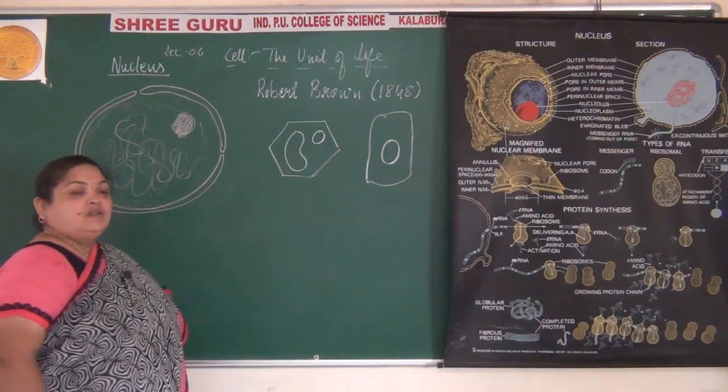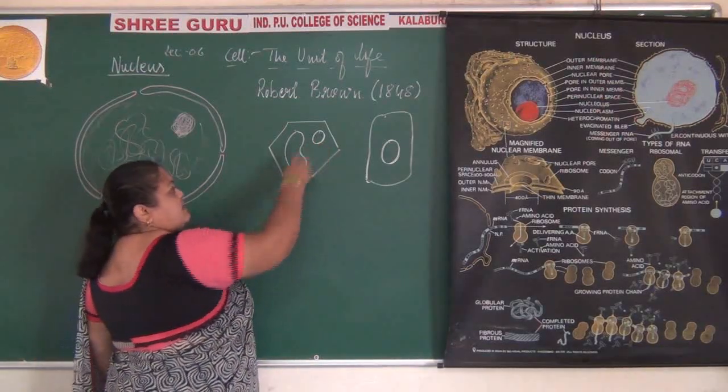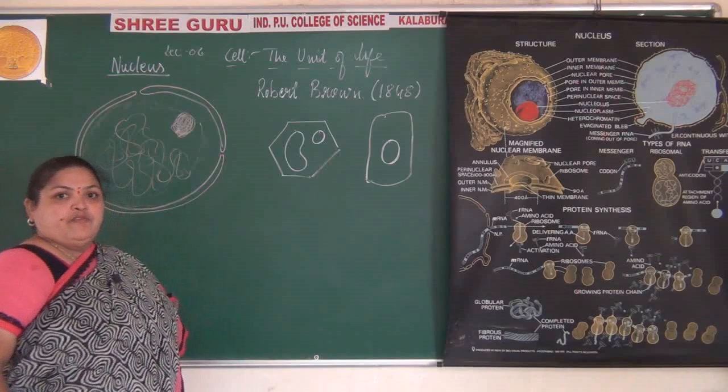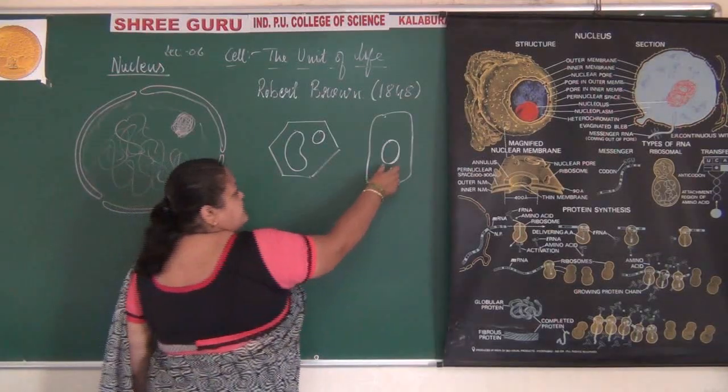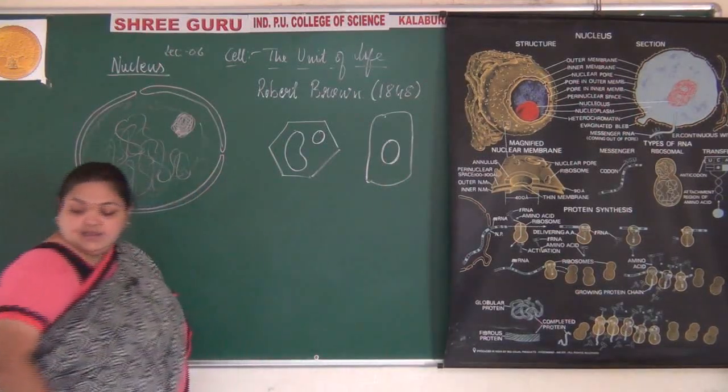In the plant cell, due to the presence of a large vacuole, the nucleus is pushed towards the periphery, while in the animal cell it is present exactly at the center.